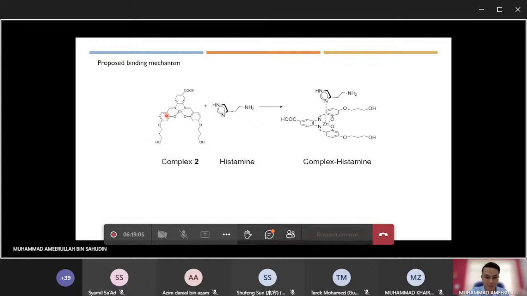Here is the proposed binding mechanism: the complex and the histamine. Zinc is four-coordinated with the nitrogen and oxygen ligand. The binding event we propose is that zinc provides another empty d orbital.